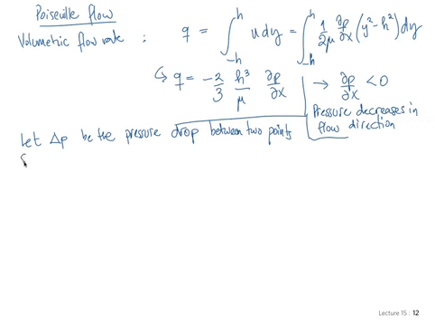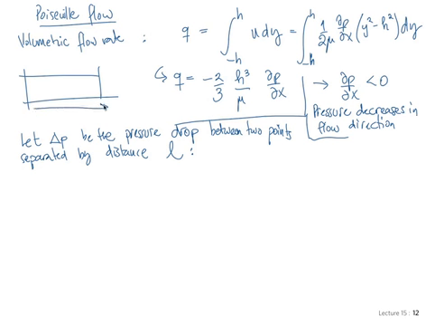The 2 points are separated by a distance L. So we're looking at 2 points in the pipe, this is a distance L, and there's a pressure drop of delta P from here to there.